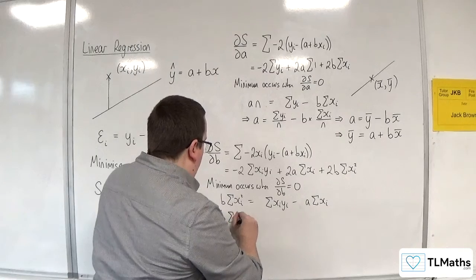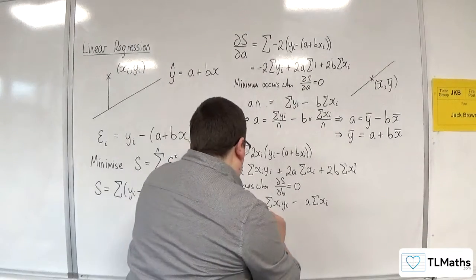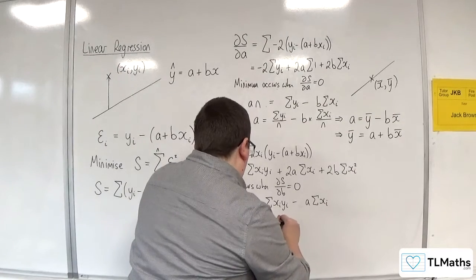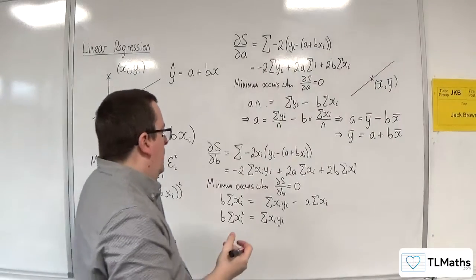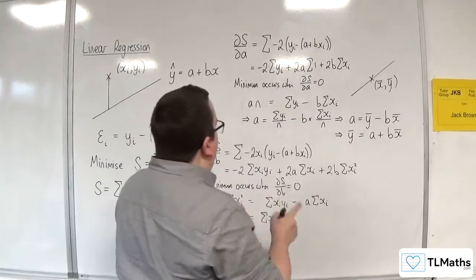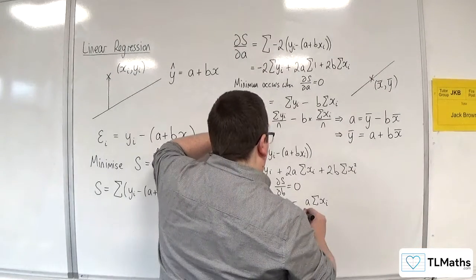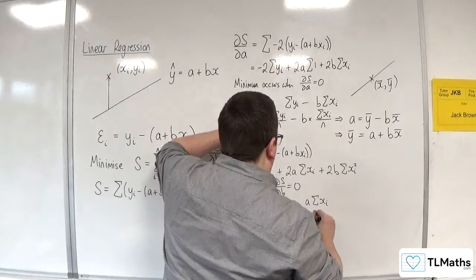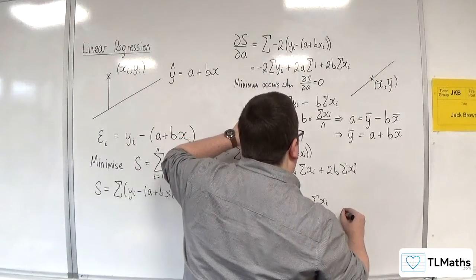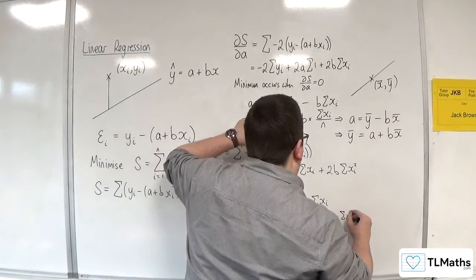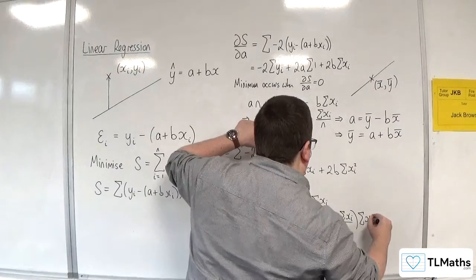So b times the sum of the xi squareds is equal to the sum of xi yi, take away, now the a, I'm going to have the sum of yi over n, take away b times the sum of xi over n, times the sum of xi.